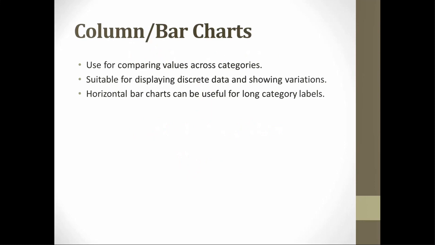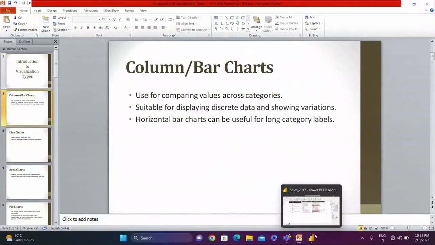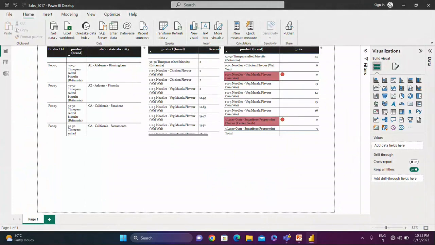The first one is the column or bar chart. We use the column or bar chart for comparing values across categories, and it is suitable for displaying discrete data and showing variations. A horizontal bar chart can be useful for long category labels. Here you can see that in the first section we only have bar charts.